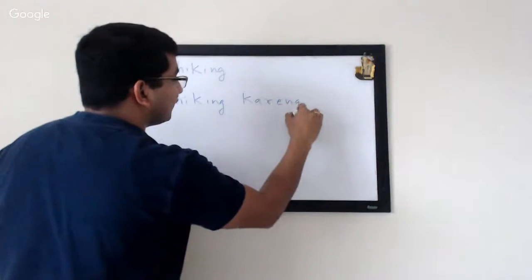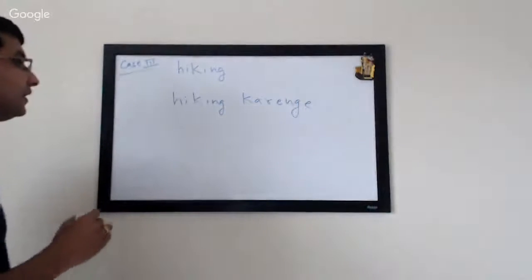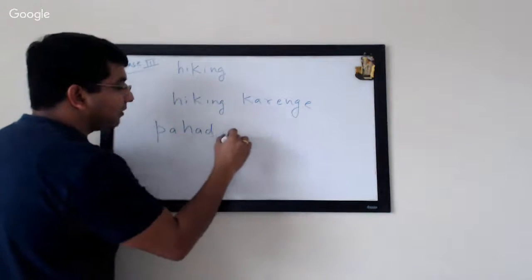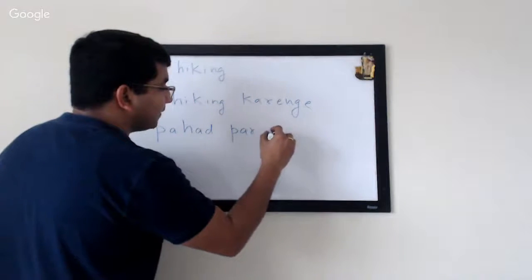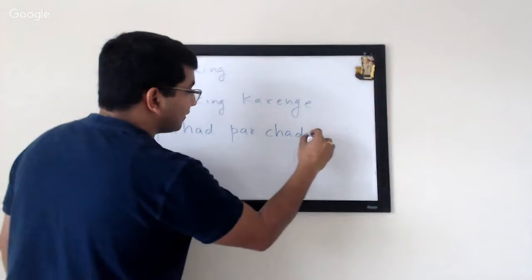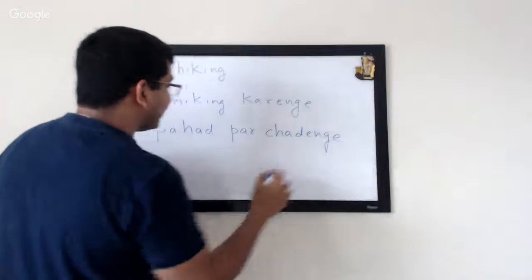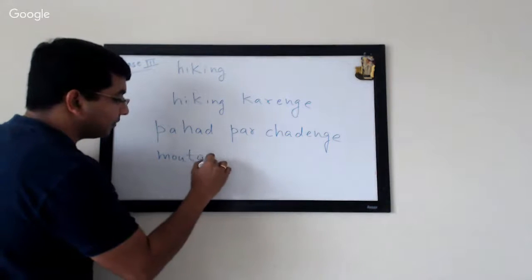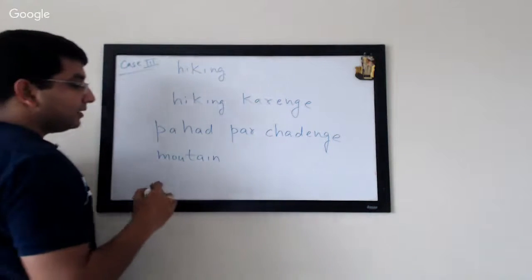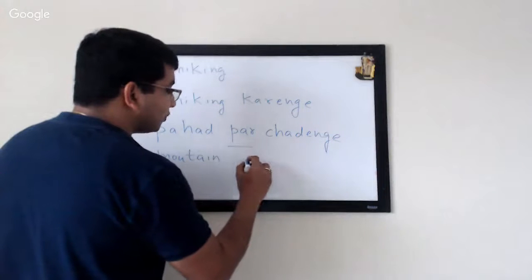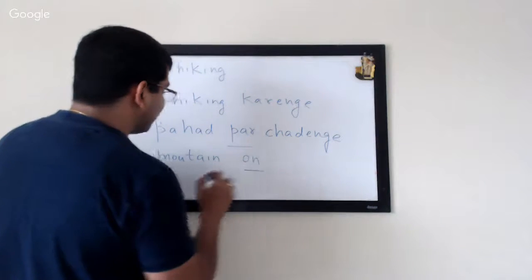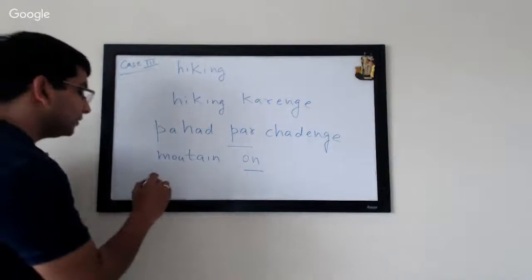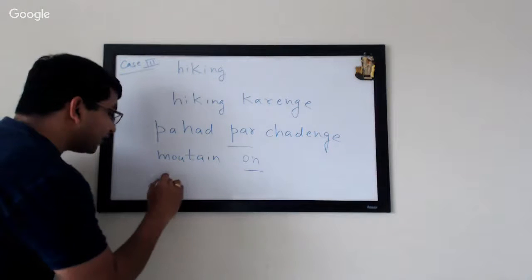If you want to say it very specifically, you can say pahad par चढ़ेंगे. Chadna is to climb, right? Pahad is mountain, and par is your postposition, on. So we'll climb on the mountain, or you can even say चढ़ाई करेंगे.